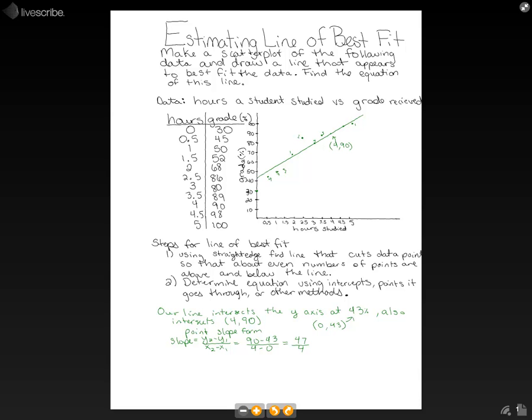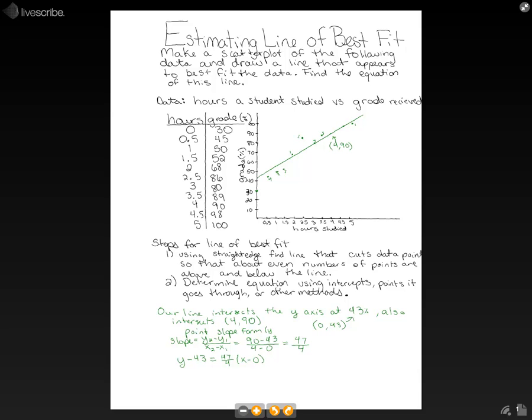Now we know what point, we can just use the 4, 90 or the 0, 43. And we're going to substitute that. So let's use our 0, 43 just to make it a little simpler. So we know y minus 43 must equal the slope, which was 47 divided by 4 times x minus 0. This is simply point slope form.